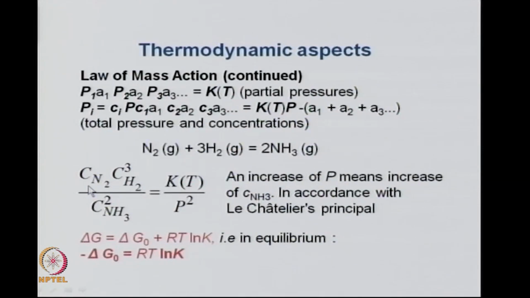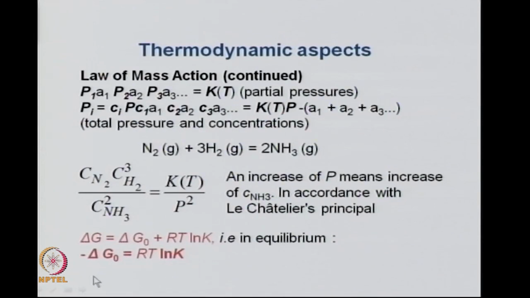We can rewrite this equation in terms of concentrations, and you can find out that K is related to the concentration of nitrogen, hydrogen and ammonia by P squared. So, an increase of P here means an increase of ammonia. If you increase P, the concentration of ammonia will increase, and this is in accordance with Le Chatelier's principle.